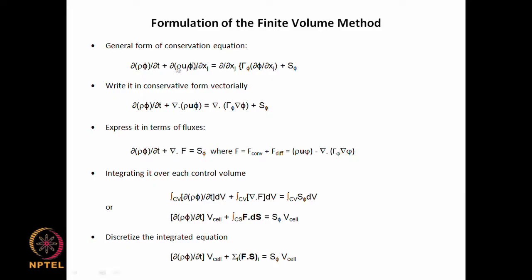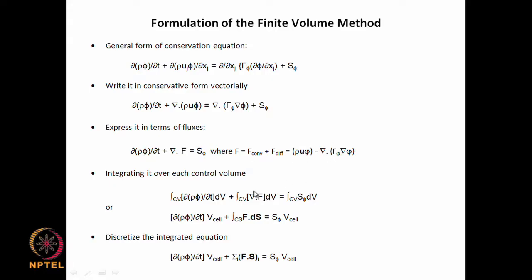We have a governing equation, a scalar transport equation containing the time derivative, the advection term, the diffusion term, and the source term. This equation is represented in the form of the divergence of these advection and diffusion fluxes, and finally it is put in the form dou phi by dou t equal to del dot F plus S phi, where S phi is the source term and F is the convective flux and diffusive flux, which are given by rho u phi minus gamma grad phi here.